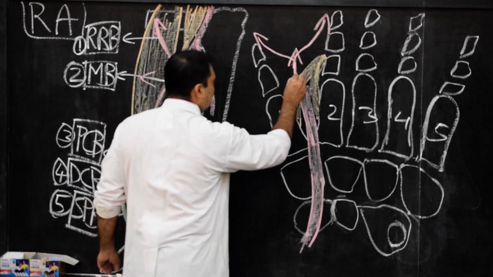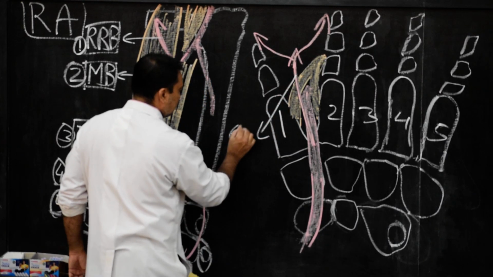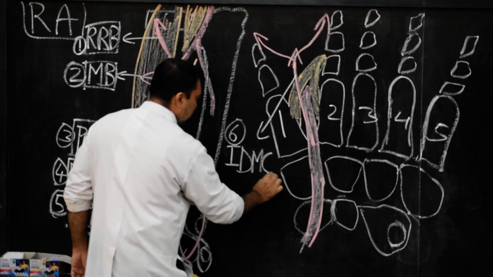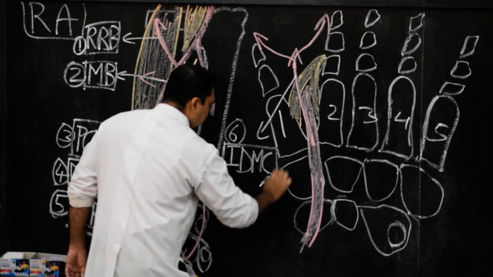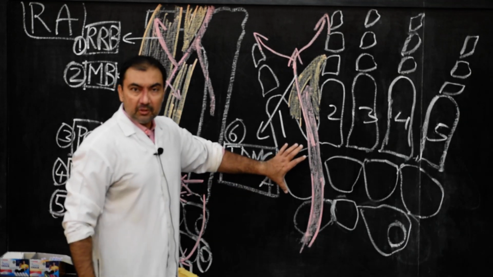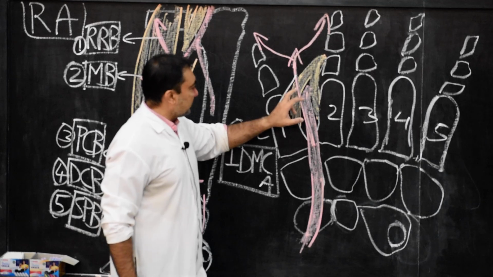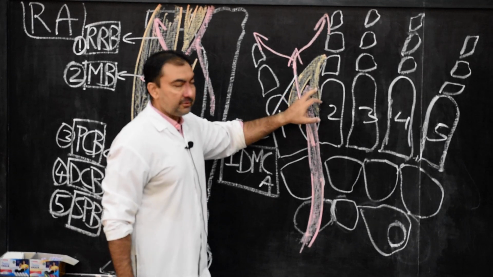Here we are going to name this as branch number 6, that is the first dorsal metacarpal artery. This artery is given in the dorsum before the radial artery enters the palm, after passing between the two heads of the first dorsal interossei muscle.